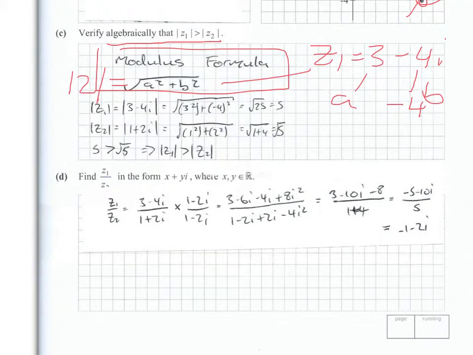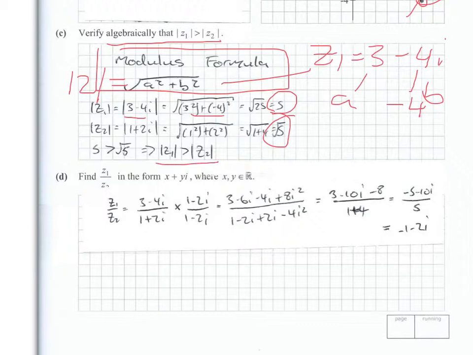So if you're asked to verify one modulus greater or smaller than the other, just work out the modulus using the formula. So for Z1 it's 5, for Z2 it's root 5. So that verifies that the modulus of Z1 is greater than the modulus of Z2.